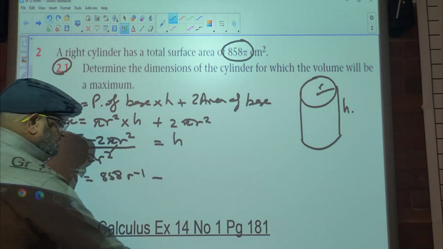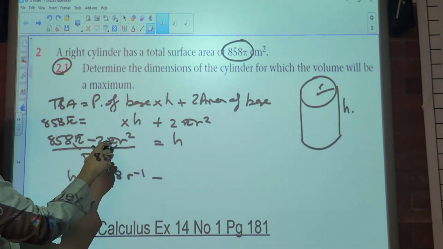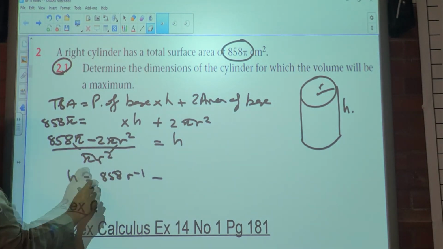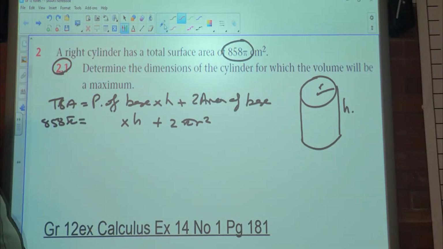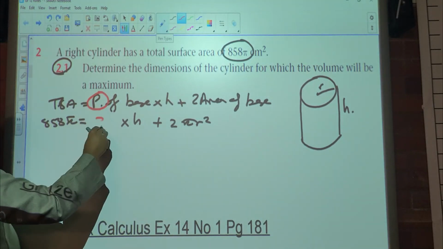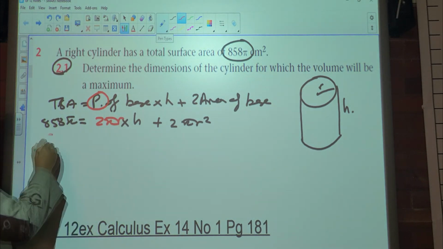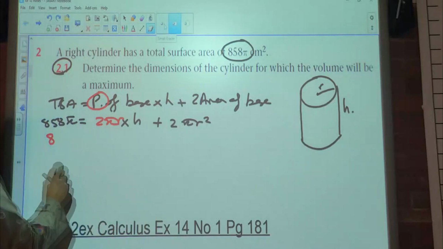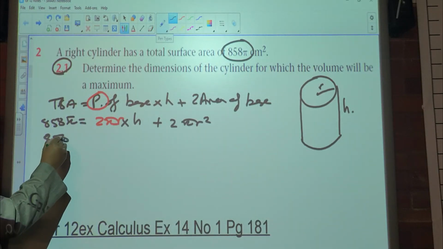I made a mistake. Where's my mistake? Perimeter. How do you calculate the perimeter of the circle? 2 pi r. No mistake. Sorry about that. Why didn't you guys even correct me?